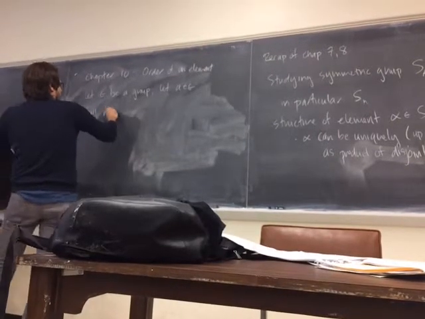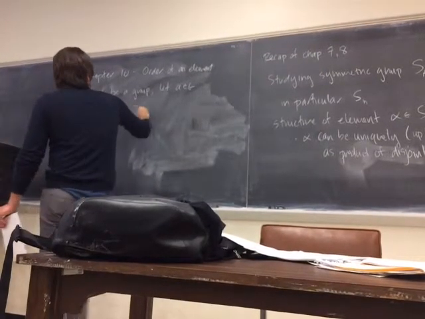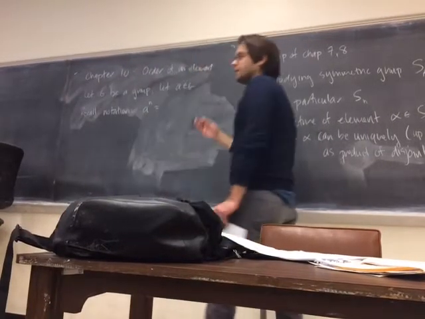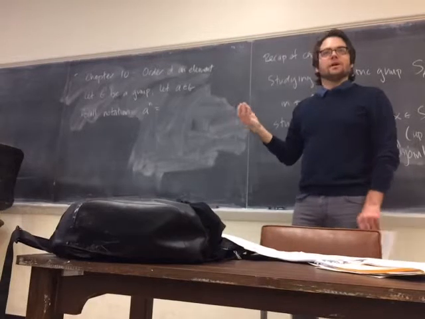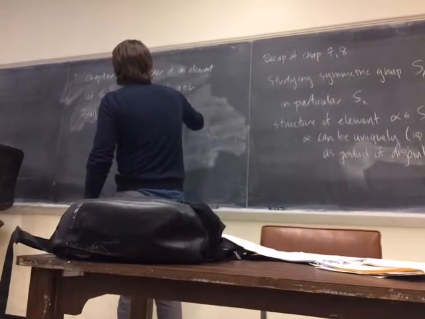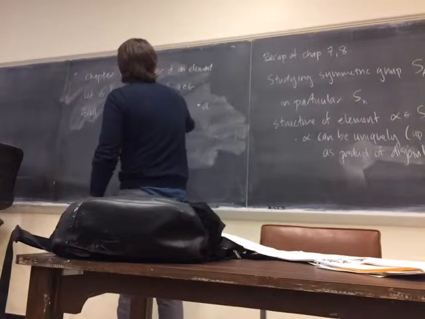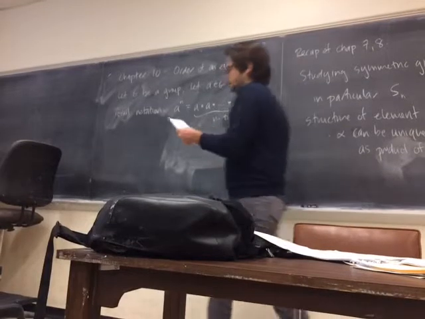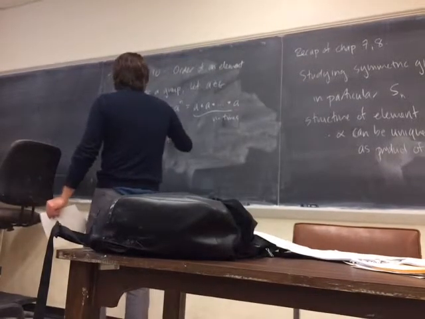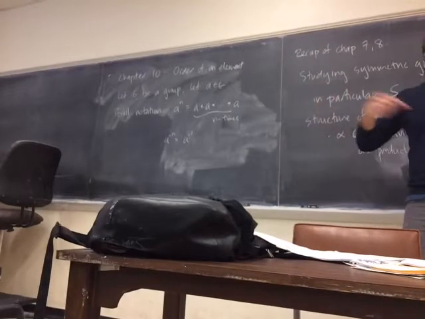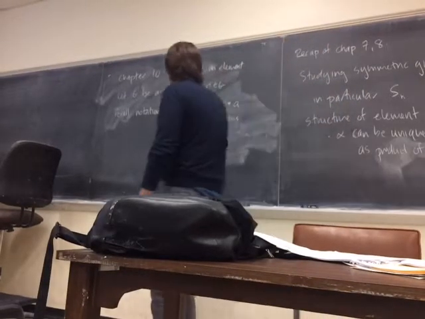The notation that we were using here is a to the n. Let me make sure we know what that is, right? So a to the n means that I'm taking the group operation n times, and we've seen this before, but I want to make sure we're on the same page. And then a to the minus n, of course, is you take the inverse of a and you multiply it by itself n times, right? Something we've seen a lot.